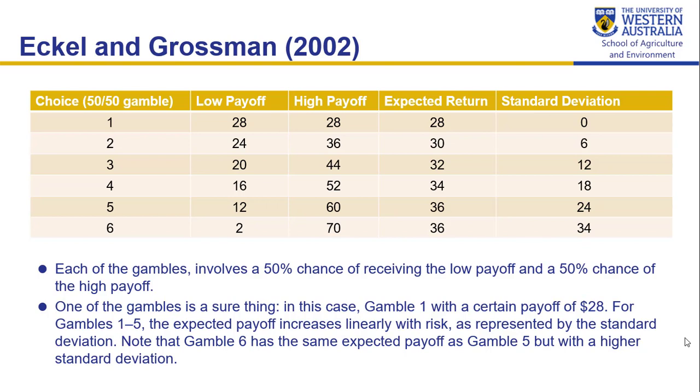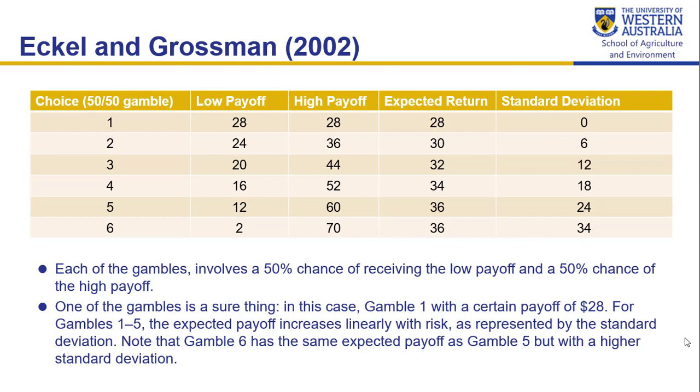So gamble 1 is a sure thing: no matter what, if you choose gamble 1, you will get $28. However, if you go to gamble number 2, there is a 50% chance of getting $24 and a 50% chance of getting $36.